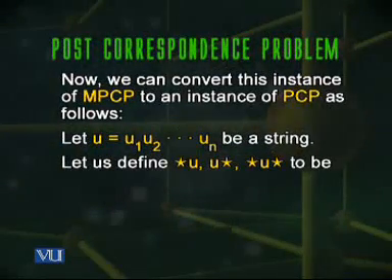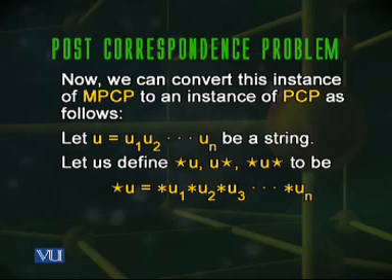Let us say that we have a string U, which is U1, U2, U3 all the way up to UN, and let us define the following 3 strings. The first one is star U, the second one is U star, the third one is star U star. Star U is equal to star U1, followed by a star U2, followed by a star U3, and so on.